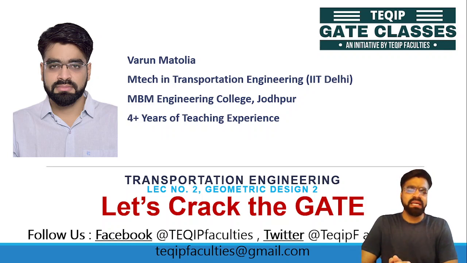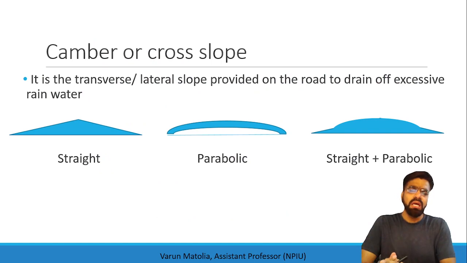Now, today we are starting with a very important topic, that is camber or cross slope. The roads on which we travel are generally provided with a cross slope or a transverse slope. The direction in which we move is the longitudinal direction, and the direction perpendicular to that is known as lateral or transverse direction.